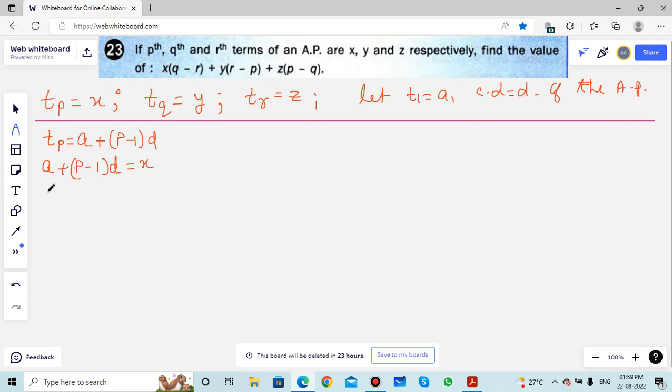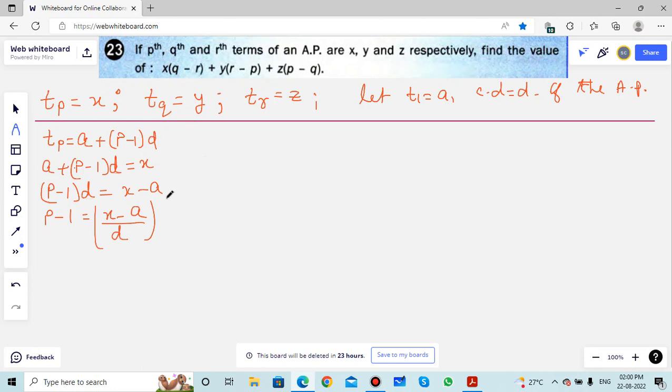So what is p minus 1 d? That will be equal to x minus a. So what is p minus 1? That will be equal to x minus a upon d. Okay, let's not go by this way because we can get q minus r also.